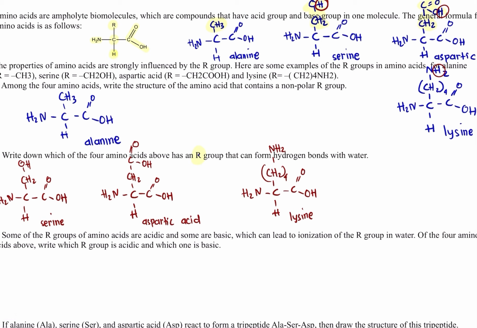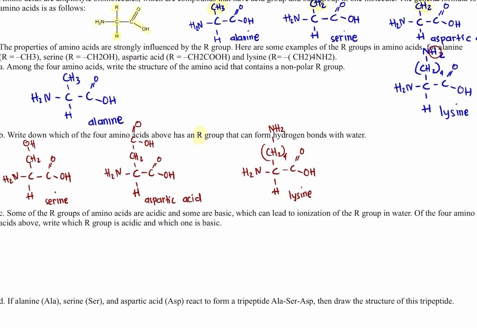Then serine, that is CH2OH, that is alcohol. The next one is the aspartic acid, that is having the carboxylic acid COOH. And then the other one is lysine, that is having the NH2 group over there.